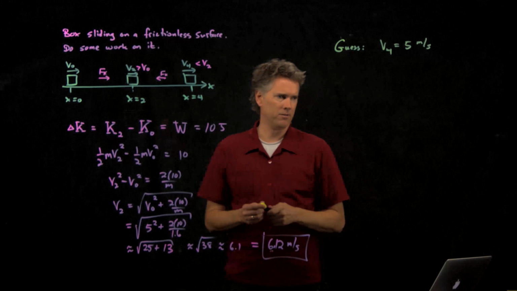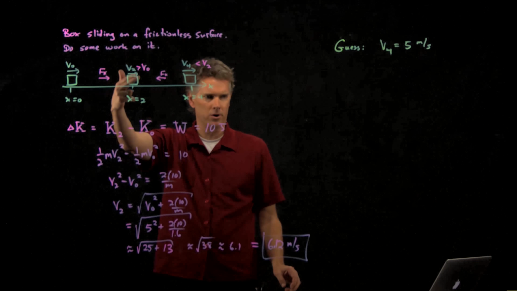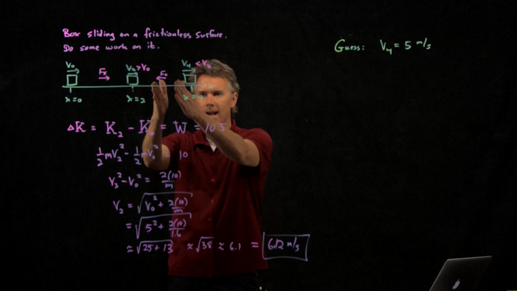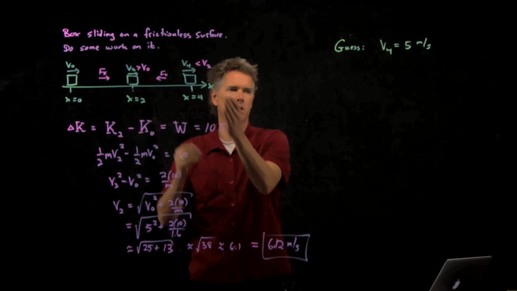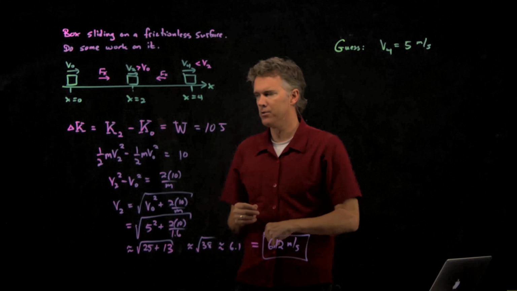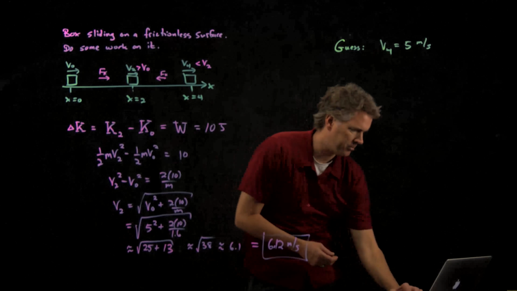Five is the correct answer. Why is it the correct answer? Because we did 10 joules of work between 0 and 2, but then we did minus 10 joules of work between 2 and 4. So I've added 10 joules, and then I've subtracted 10 joules, and so I have to be exactly where I started from, 5 meters per second.